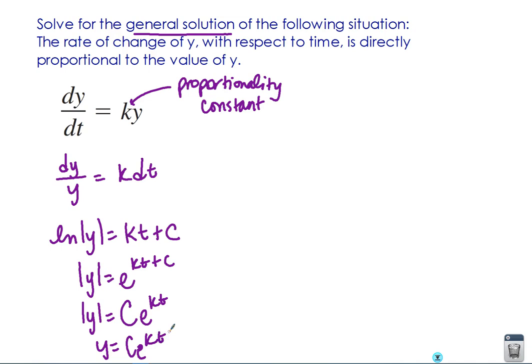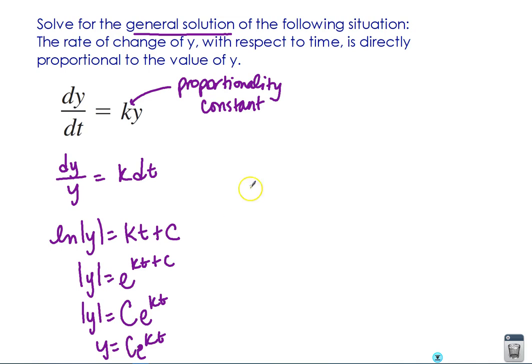Okay, so the general solution for this situation is y equals C e to the kt. This is a very, very common differential equation, and it's very helpful if you already have the solution memorized, so you don't have to work it out every single time. If you wanted to, you could, and that's perfectly fine. But if you have it memorized, it's going to help you out in the long run.